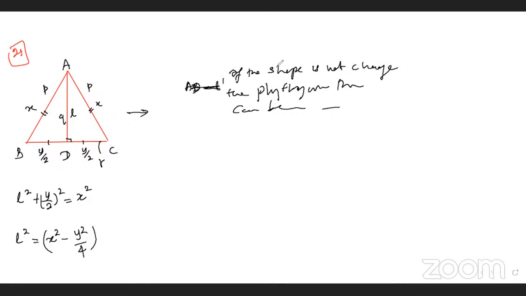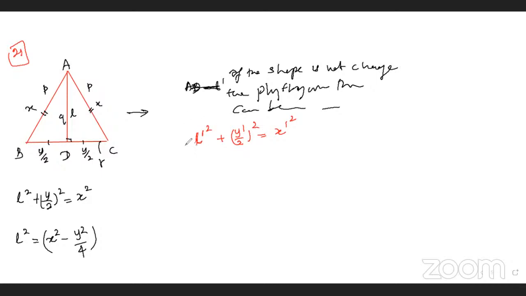Then you can write the equation after heating: L dash square plus y dash over 2 square should be equal to x dash square.